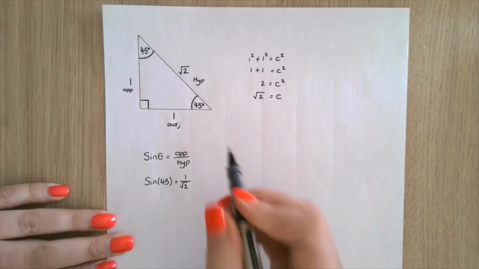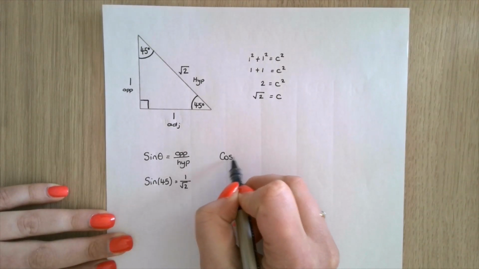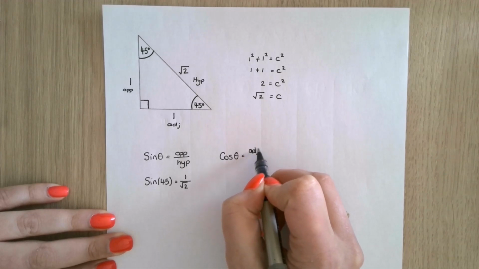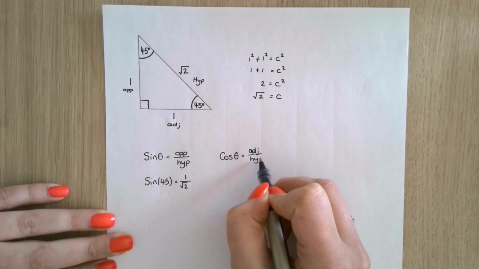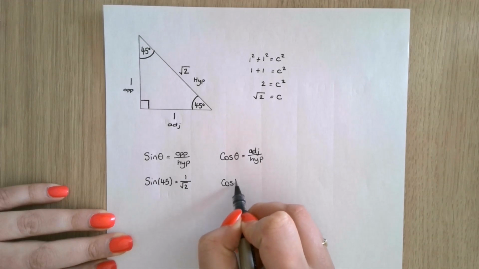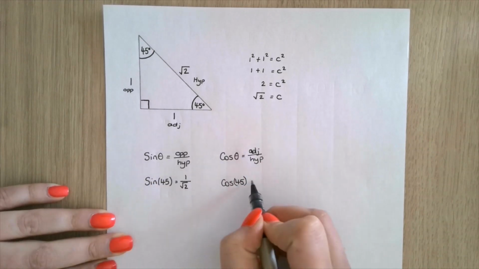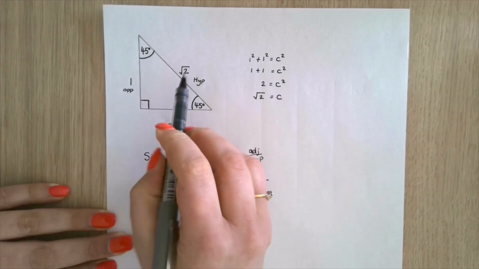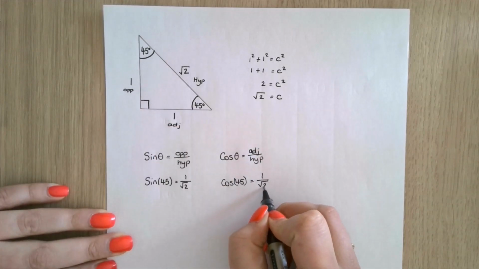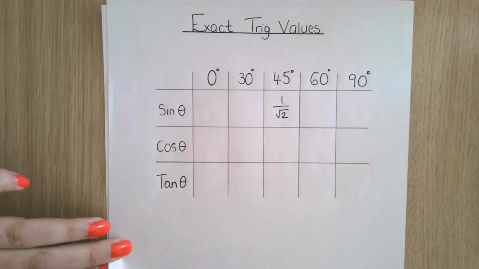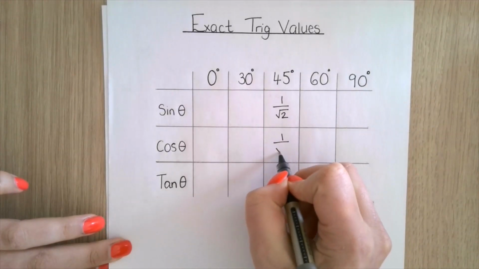Now to do the same here, but for cos theta, I know cos theta is my adjacent over my hypotenuse. So cos of 45 is my adjacent over hypotenuse, which is also 1 over root 2. So I'm just going to fill that in my table here.